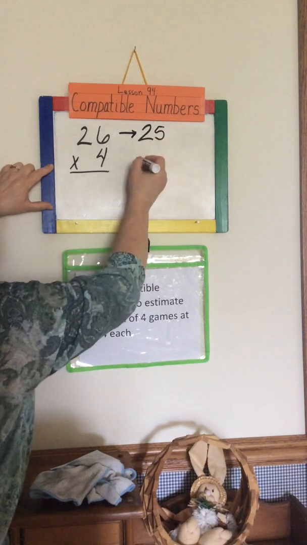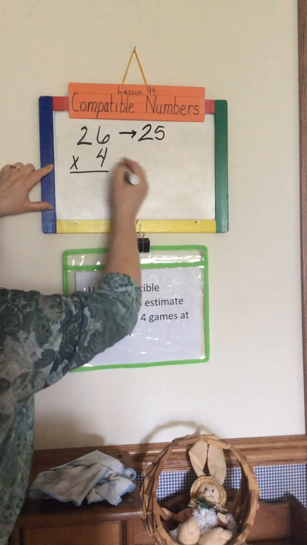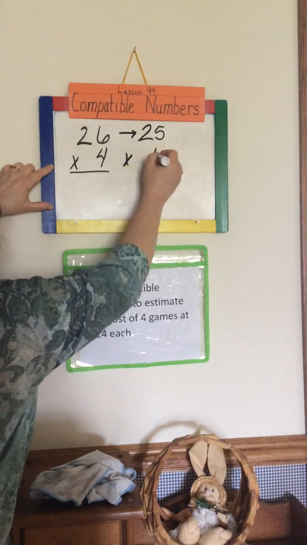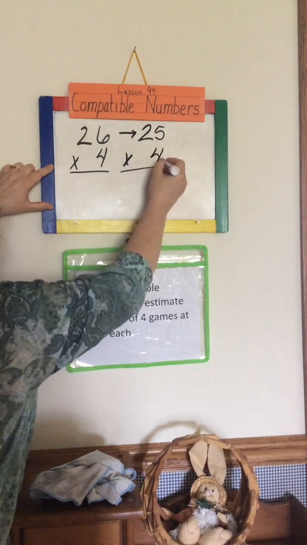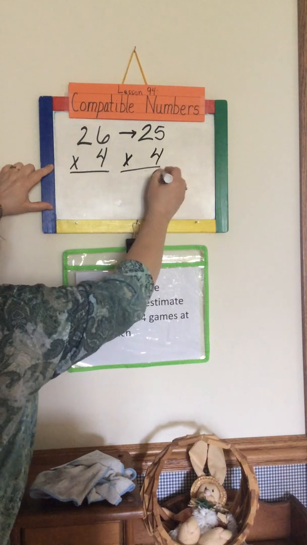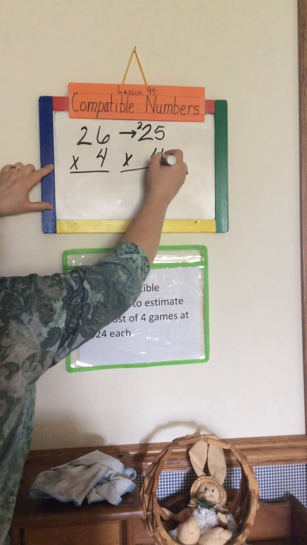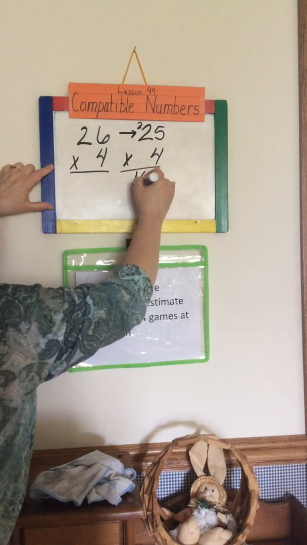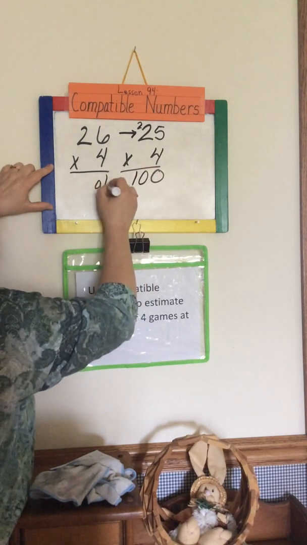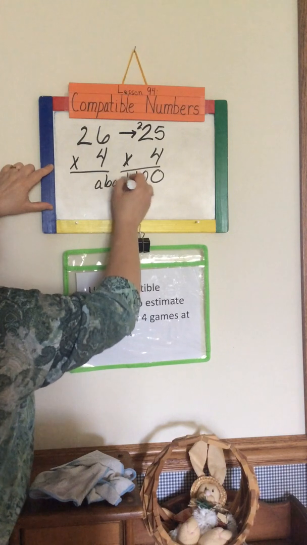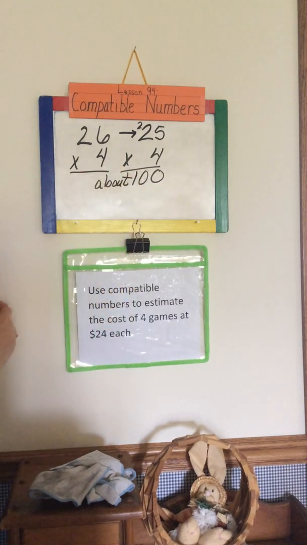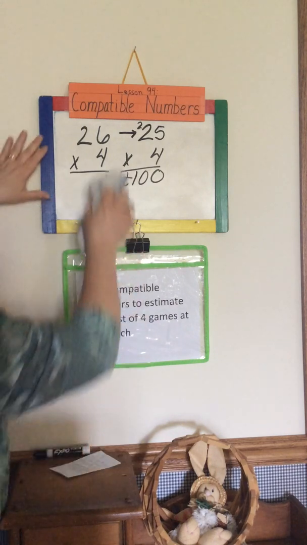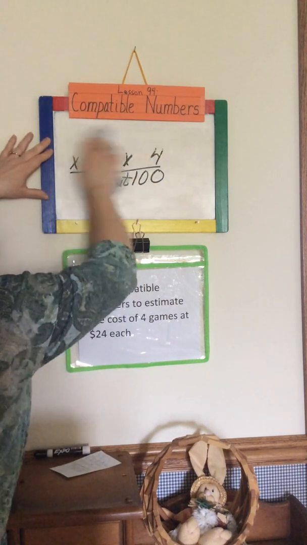That would be my closest 25. And of course I will leave this small 4 the same. 4 times 5 is 20, so the 0 goes here. 4 times 2 is 8, plus 2 would be 10, for an answer of about 100.